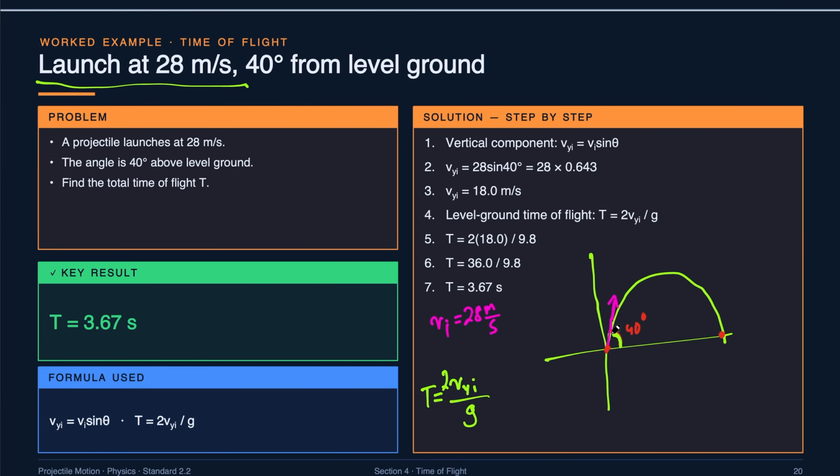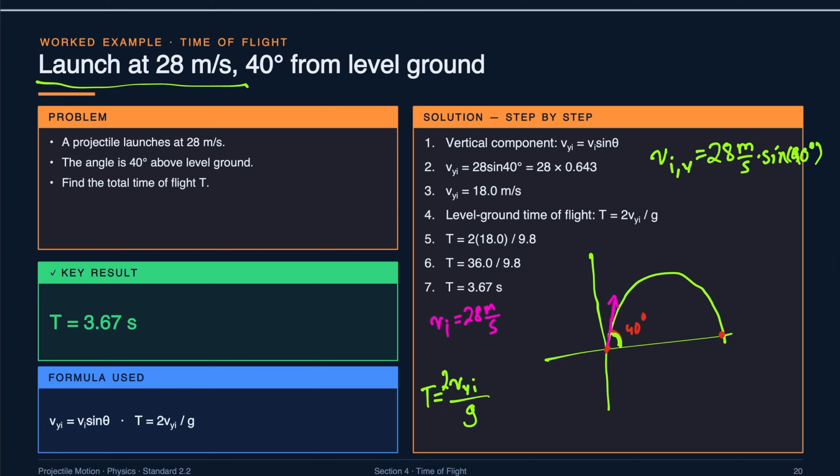First, over here it's 40 degrees, right? So how do we find Vy from just a regular vector with magnitude something? We multiply that by the sine of this angle. So v_iy is going to be 28 meters per second times sine of 40 degrees.